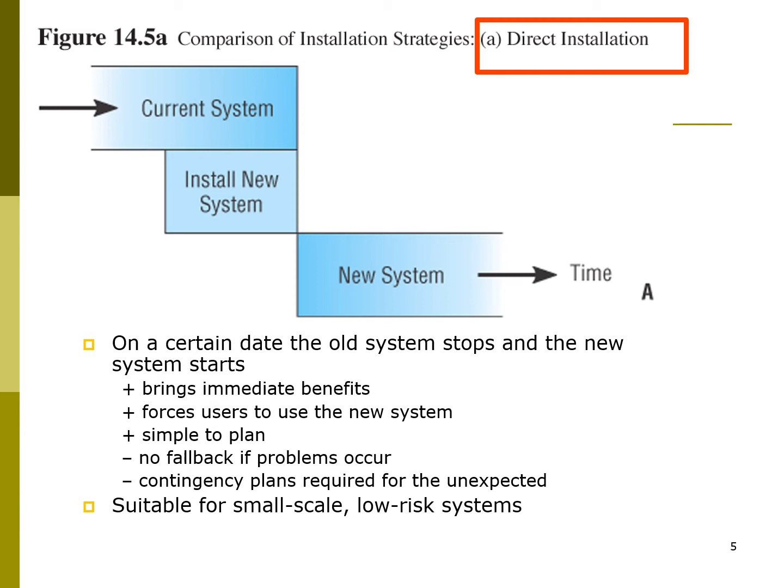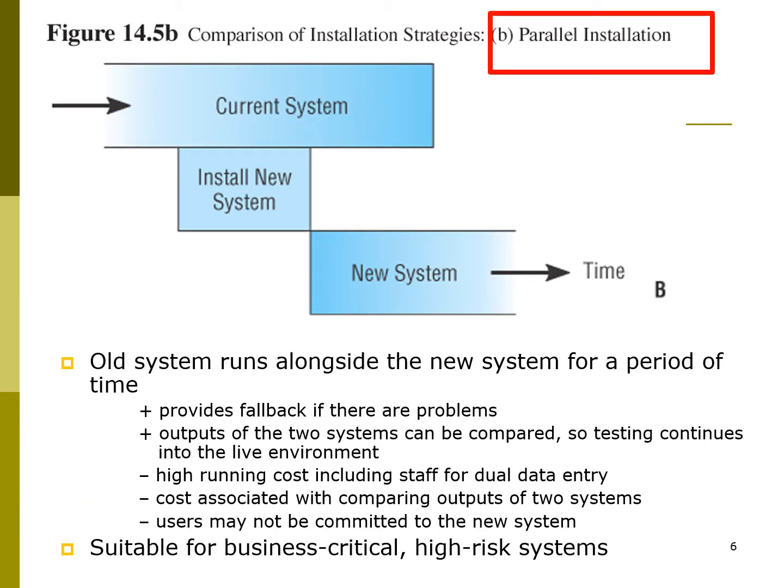Let's move on to the next strategy, which is called the parallel conversion strategy. In this strategy, you run the new system, the one that you have just developed, with the current system that the organization is currently using. Both are running at the same time.